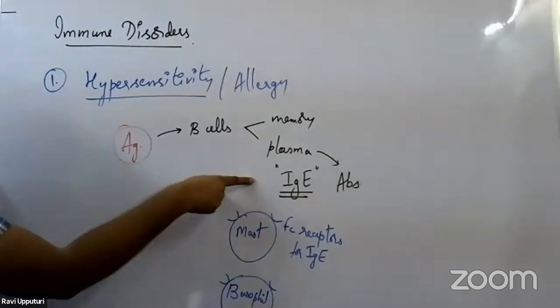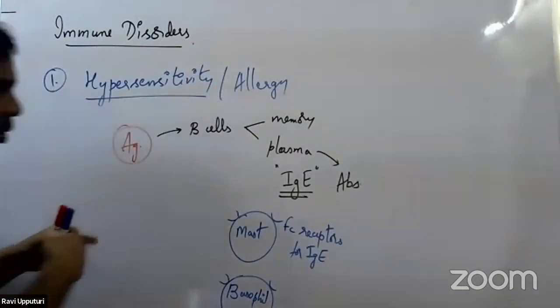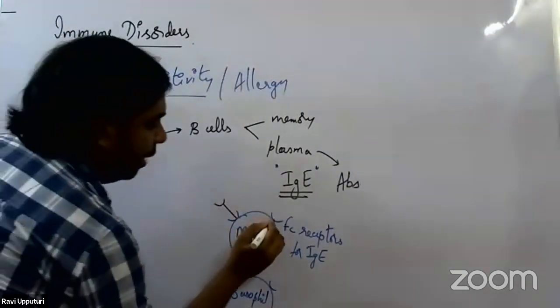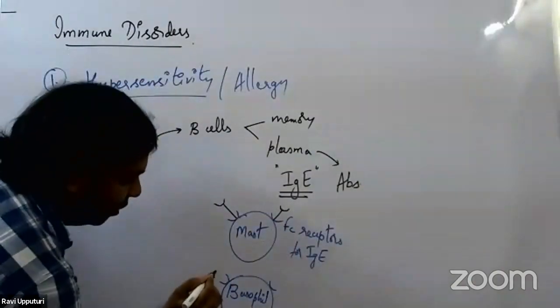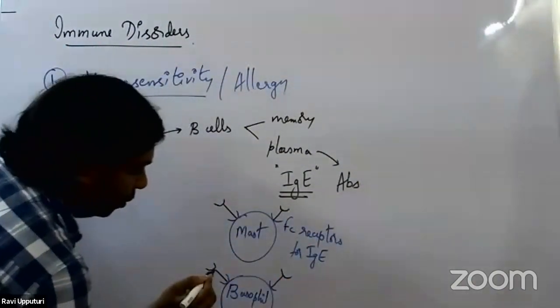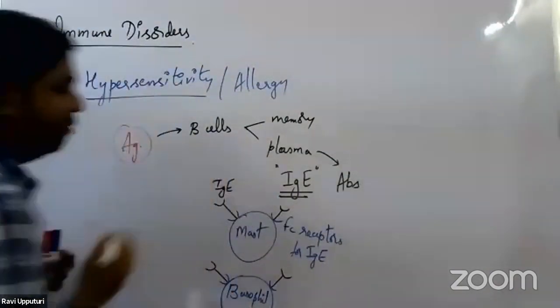As and when IgE antibodies are synthesized, they will come and bind to the Fc receptors which are present on the basophils and the mast cells. This is how they come and bind. So this is our IgE type of antibody.